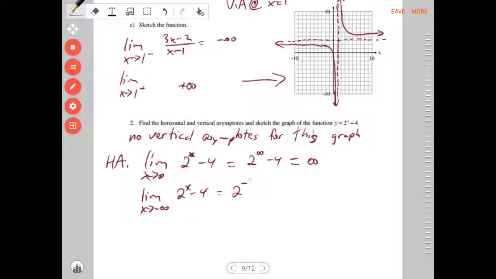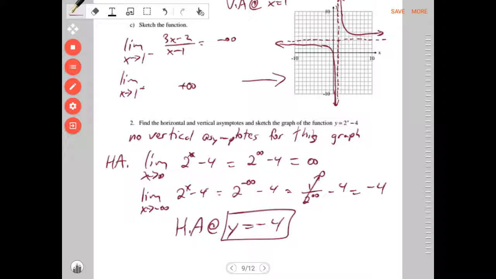That's 2 to the negative infinity minus 4. Remember, that's just 1 over 2 to the positive infinity, minus 4. Well, 2 to the positive infinity is infinity. 1 divided by really, really big is 0. So this guy is 0. So my horizontal asymptote, or my limit, is negative 4. So my horizontal asymptote is at y equals negative 4.